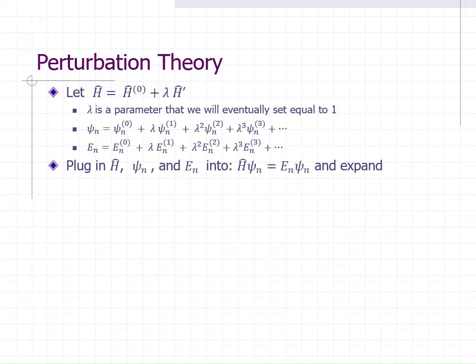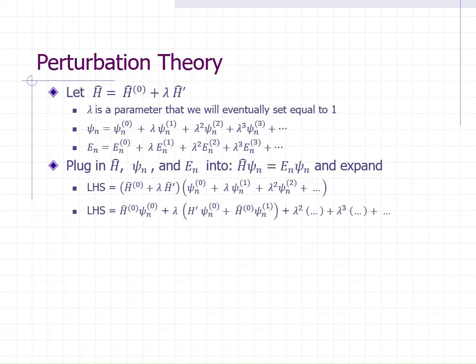Next, we substitute the power series expansions into the Schrödinger equation. H hat acting on psi sub n equals E sub n times psi sub n. This is what we get for the left-hand side. The Hamiltonian applied to the power series expansion for psi sub n ultimately gives us H naught applied to the zeroth order wave function, plus something times lambda, plus something times lambda squared, plus something times lambda cubed, and so on.